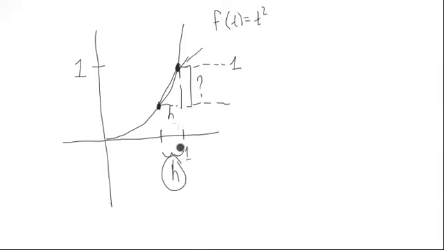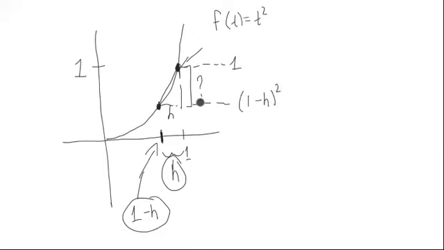We're plugging in the t value, and the t value right here is 1 minus h. Since this is a function and depends on its input, to get the y value you just plug this into f. That y value is just 1 minus h quantity squared.